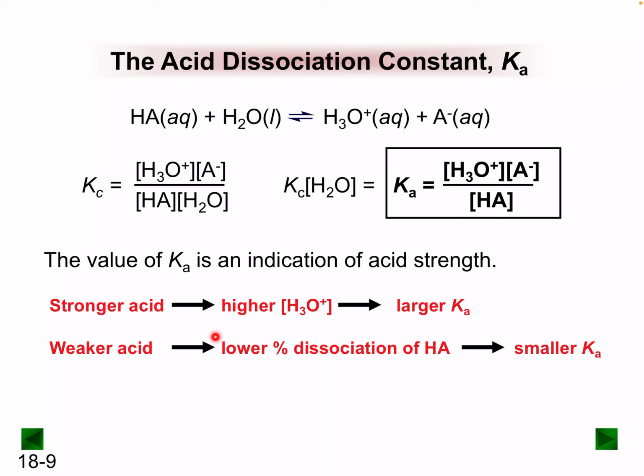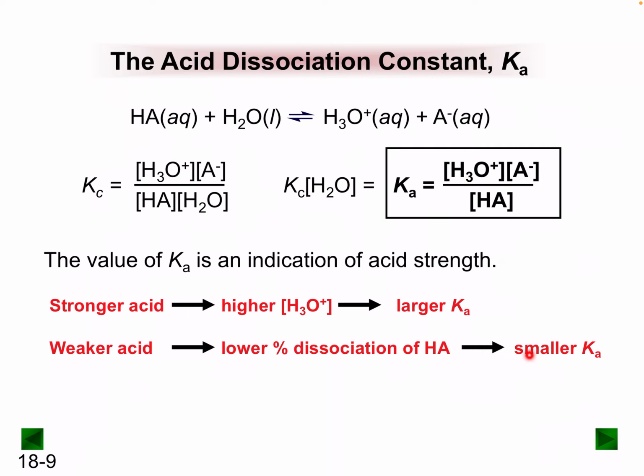Now let's say you have a weaker acid. Weaker acid means dissociation is less, so the hydronium ion concentration would be less, so the Ka would be smaller. Lower percent dissociation of HA, as a result smaller Ka. Okay. So if you see Ka values, meaning the acid dissociation constant values, a larger Ka value means it is a stronger acid.